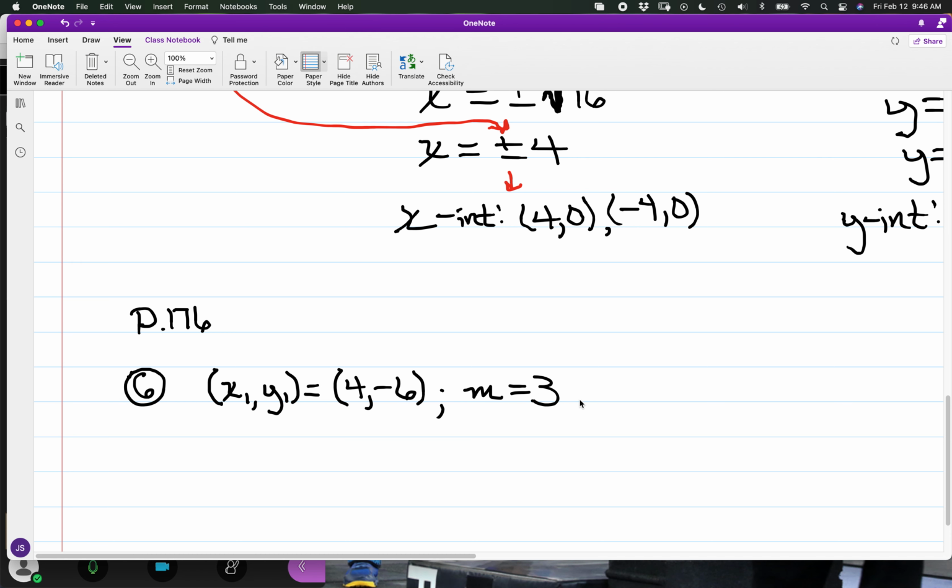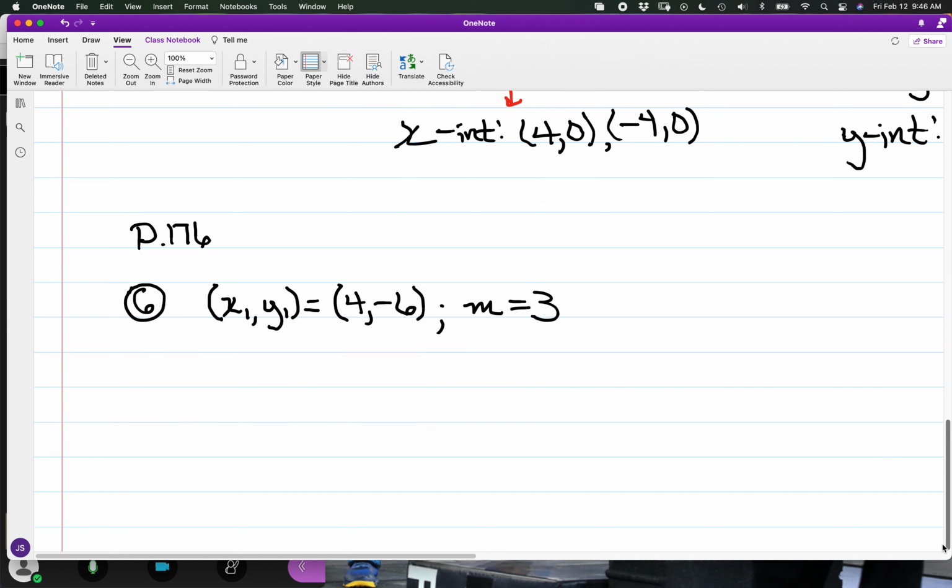Looking at setting up the equation of the line, we can go through the point-slope algorithm. Again, that formula is y minus y1 equal to the slope m times the quantity x minus x1. Again, x1 is at 4, y1 we have at -6, and we have the slope m equal to 3.